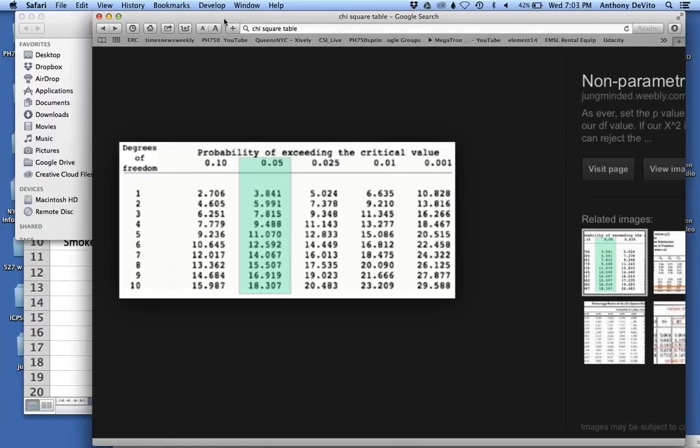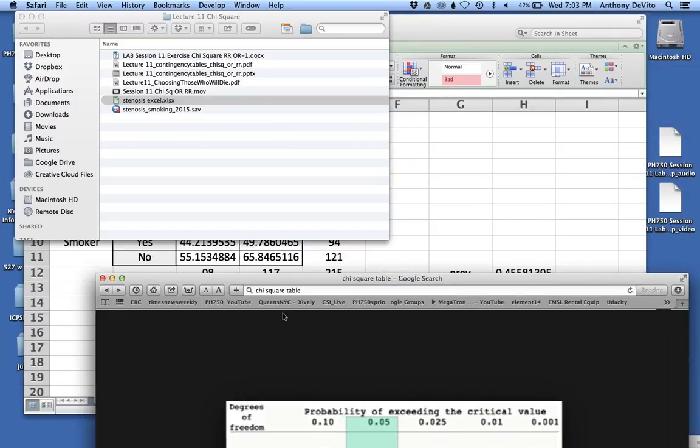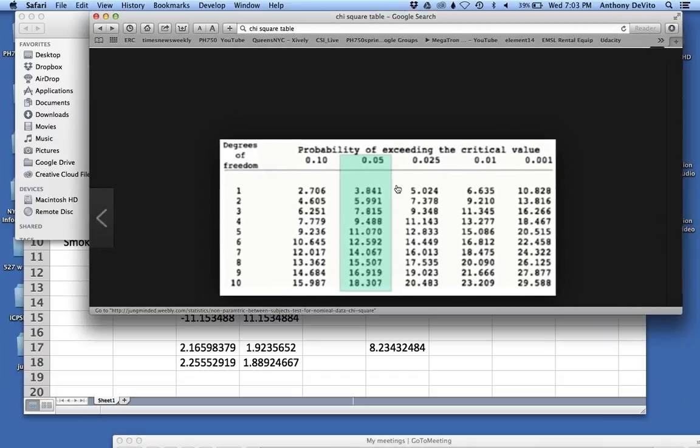So in this case, what was our value that we calculated for chi-square? And what did we say our critical value was? 3.84. So we would, in this case, reject the null hypothesis. We would say we reject the null hypothesis that there's no association between smoking and aortic stenosis, and accept the alternative that there is an association. Everybody comfortable with that? It's really pretty simple math.